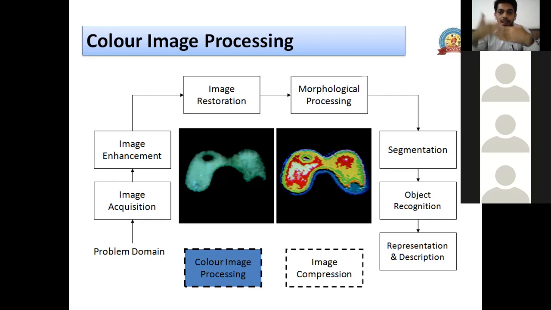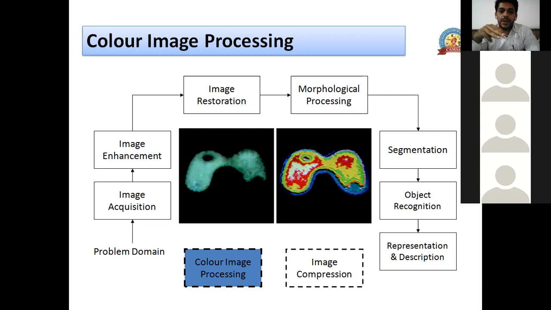So we have three images. One image shows only the red color component in the image. The second image shows only the green color component, and the third image shows only the blue color component. When we combine these three together, we get different color images. That's why I said that a color image requires three times more space than a grayscale image.